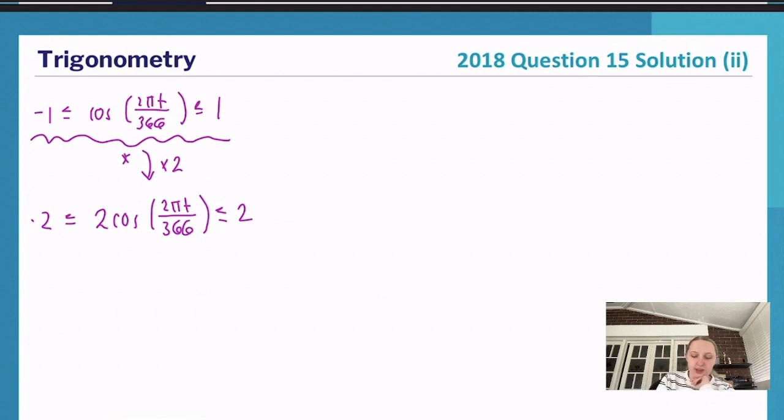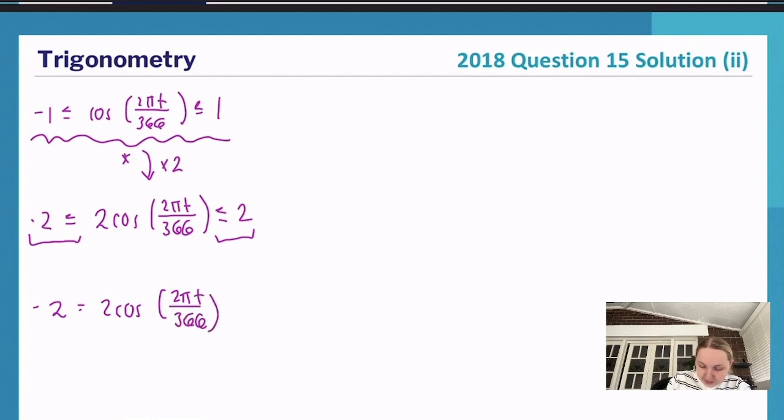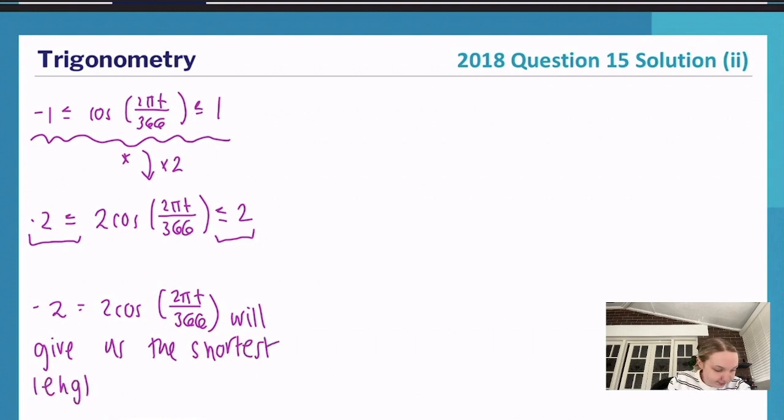So we got to then think about which side is going to give us the shortest length of daylight. Right? And when you think about that, -2 equals 2 cos 2 pi t on 366 will give us the shortest length of daylight.